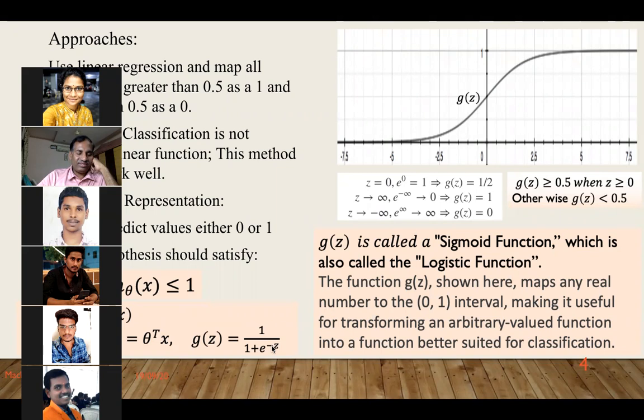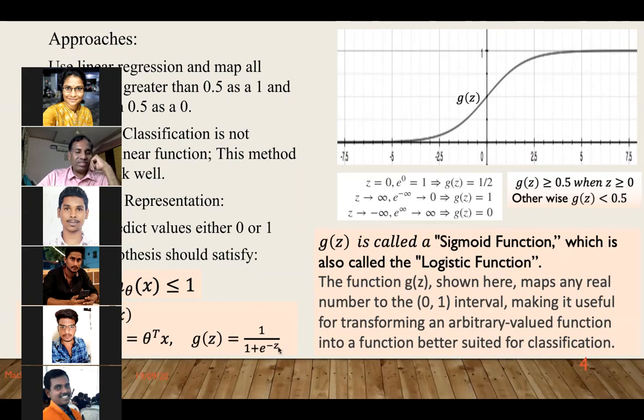The denominator should be maximum. So when will the denominator be maximum? 1 is the constant, that won't make it maximum or minimum. Only e power minus z should. E power minus z is minimum when z is maximum, which means z equal to infinity.